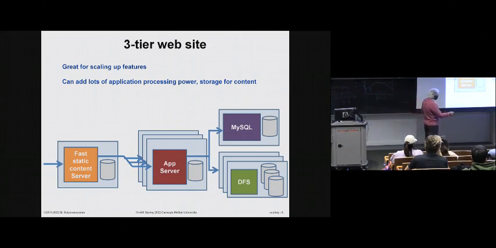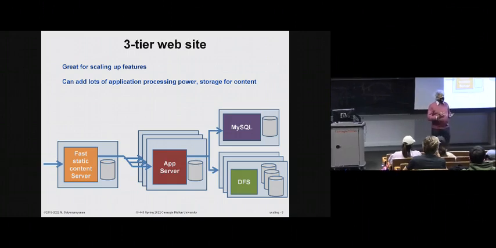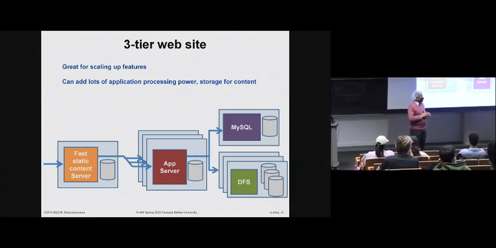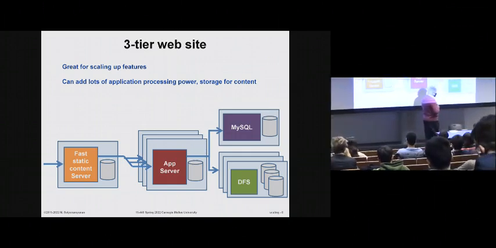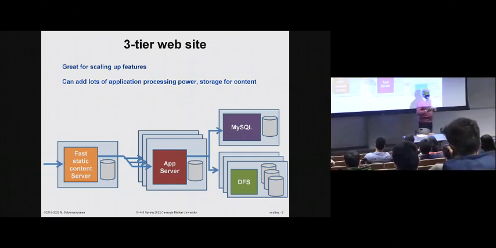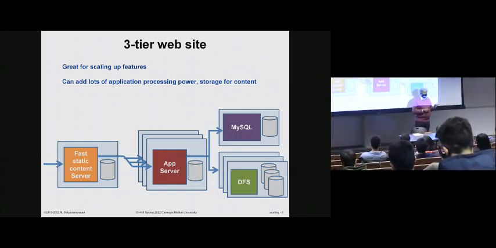This application server is how you scale up generation of dynamic content. And so in the open source world, things like Tomcat, in the closed source world, IBM WebSphere is an example of an application server.